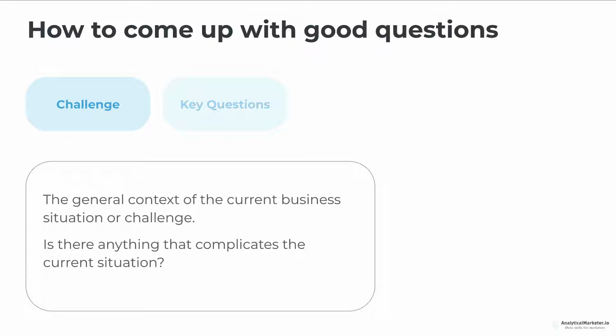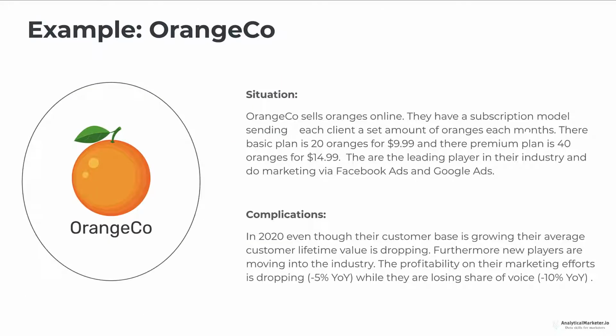Let's have a look at an example to make this more tangible. So this is Orange Co., a company which sells organic oranges online in a subscription model.